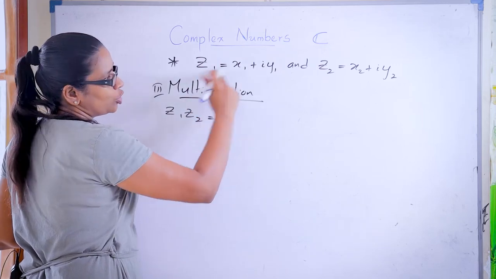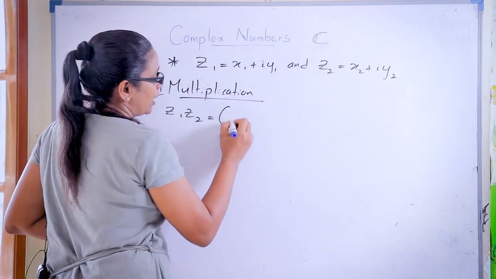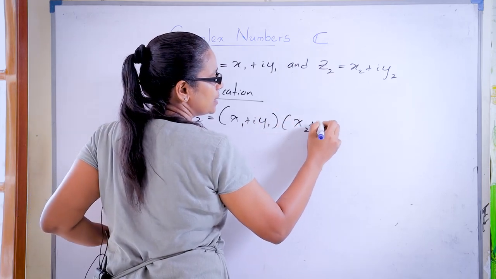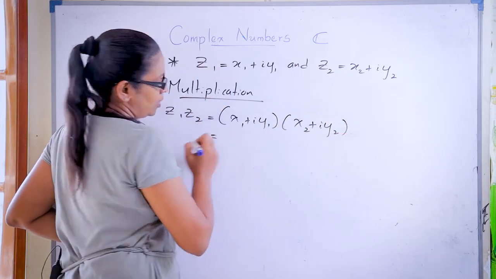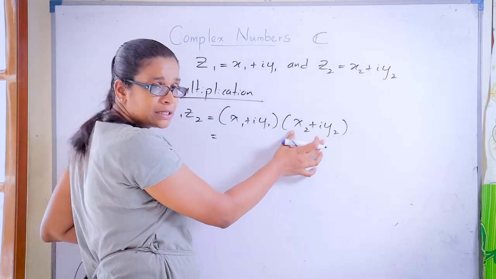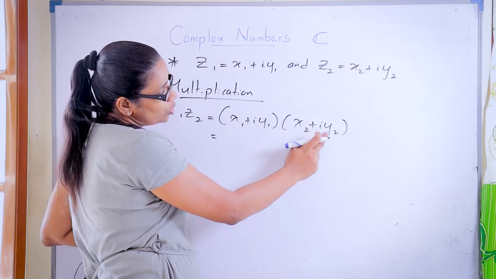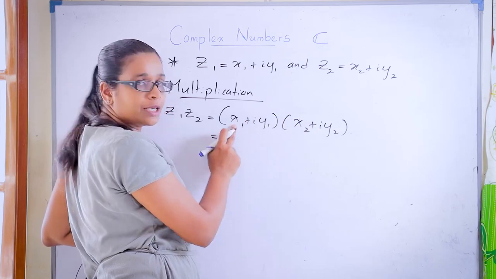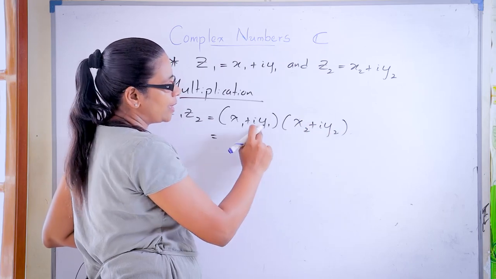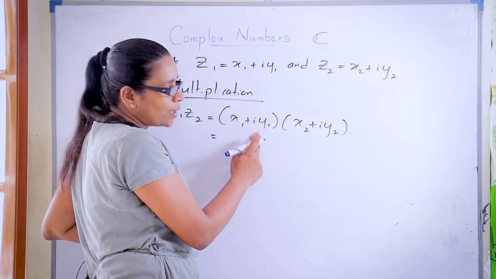Z1, Z2. I'm going to multiply these two: x1 plus iy1 multiplied by x2 plus iy2. So, you have to multiply two brackets with two terms. The two terms in the second bracket you are going to multiply by x1, and also again the two terms in the second bracket multiply by this imaginary part also.